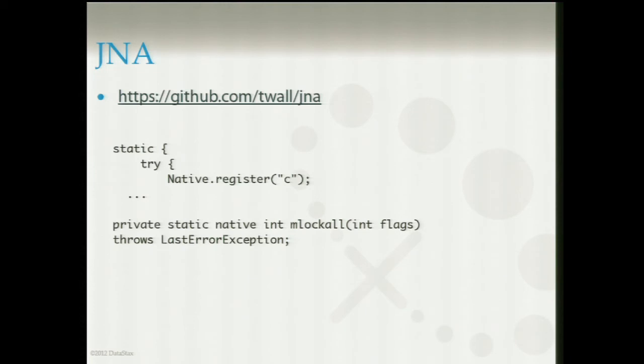So it's better than nothing, but sometimes if we call mlockall and it doesn't work, all we can log as far as Cassandra's concerned is we got error 1 back. So good luck grepping for that, right?